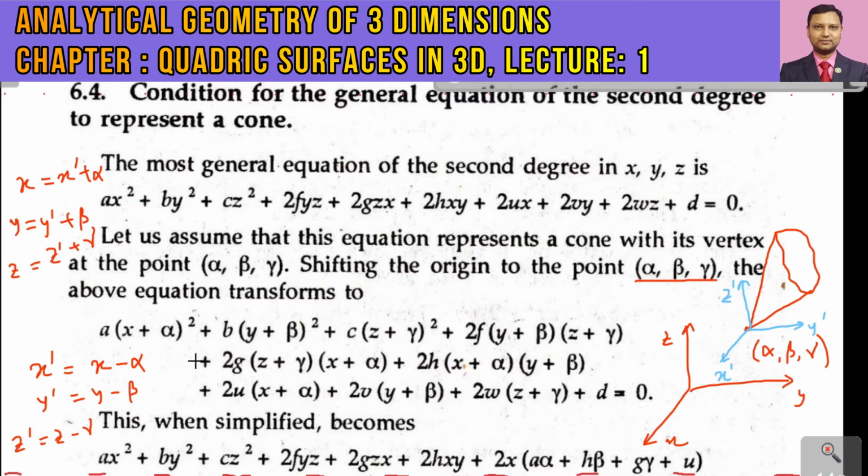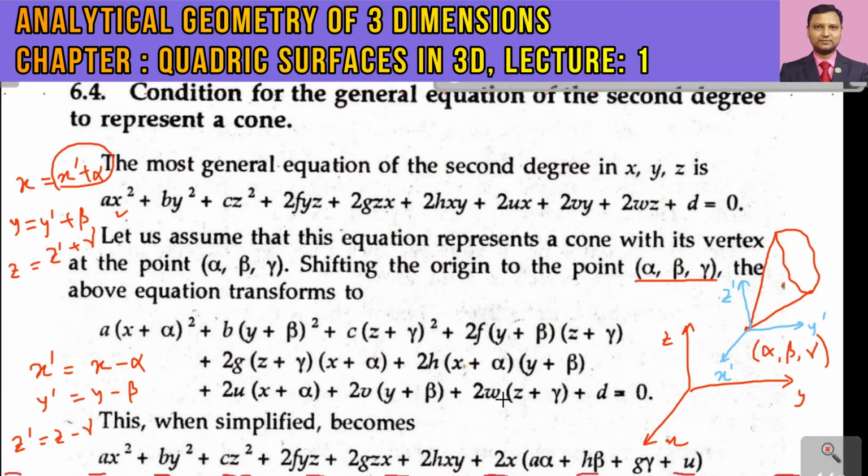Now you observe that if we drop this prime notation, then x would be replaced by x plus alpha. That's why we have replaced x by x plus alpha in this equation. Whenever x is there, we have replaced it by x plus alpha.